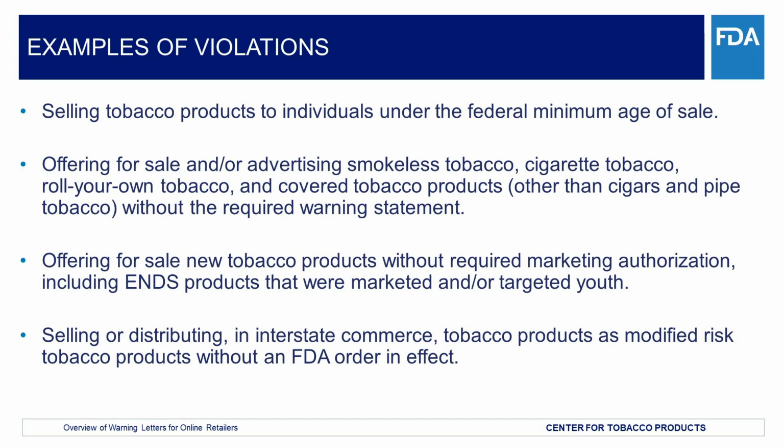As stated earlier, examples of violations in warning letters that CTP has issued to online retailers include selling tobacco products to individuals under the federal minimum age of sale, offering for sale and/or advertising smokeless tobacco products, cigarette tobacco, roll-your-own tobacco, and covered tobacco products other than cigars and pipe tobacco without the required warning statement, offering for sale new tobacco products without required marketing authorization, including ENDS products that were marketed and/or targeted to youth, selling or distributing in interstate commerce tobacco products as modified risk tobacco products without an FDA order in effect.